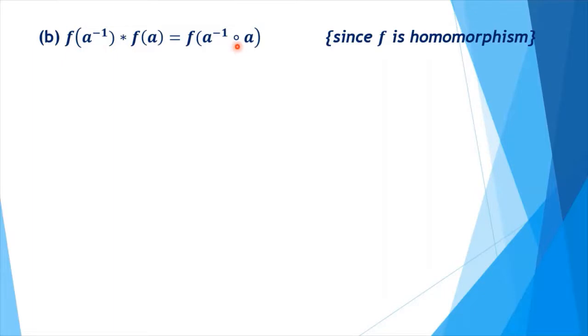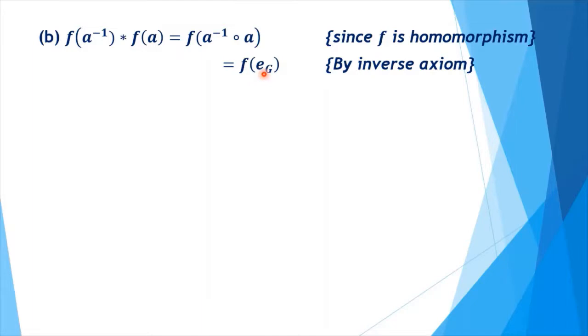But in G, A and A inverse are inverse to each other. Hence, this will be equal to f of EG, as A dot A inverse is equal to EG.